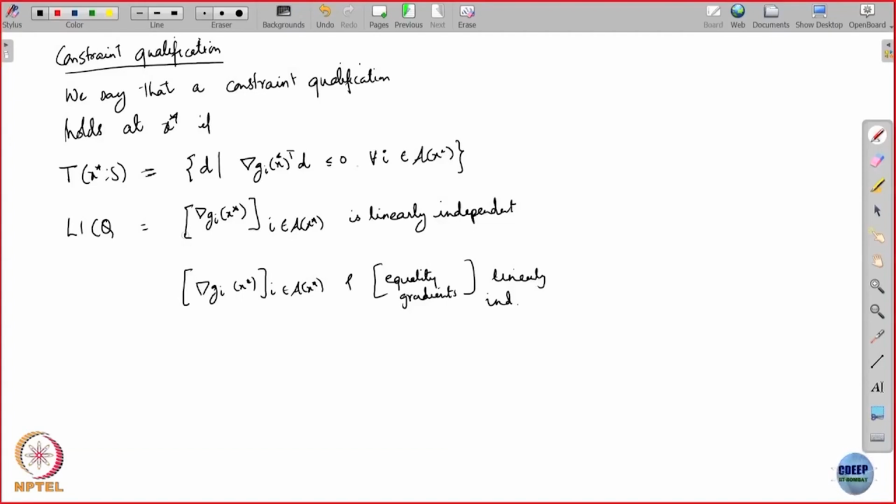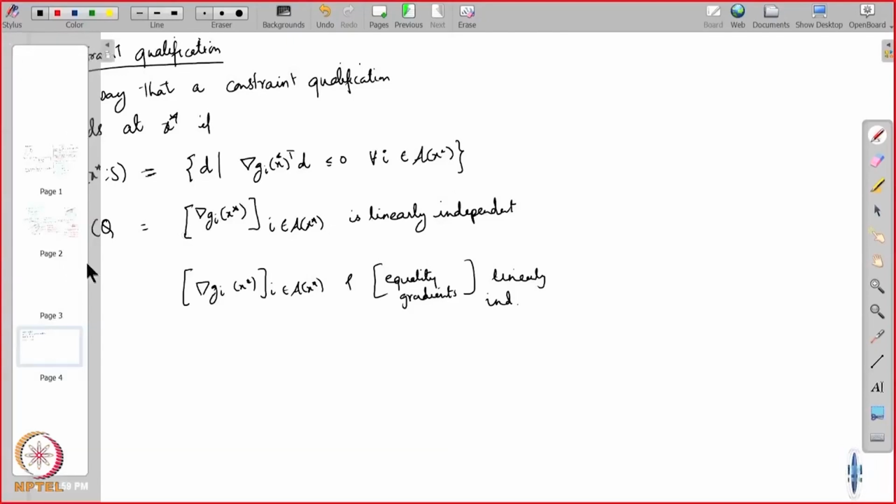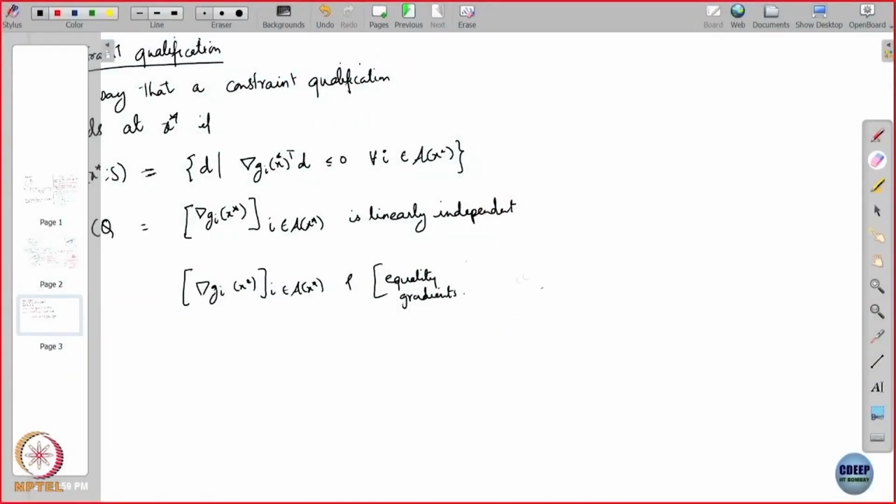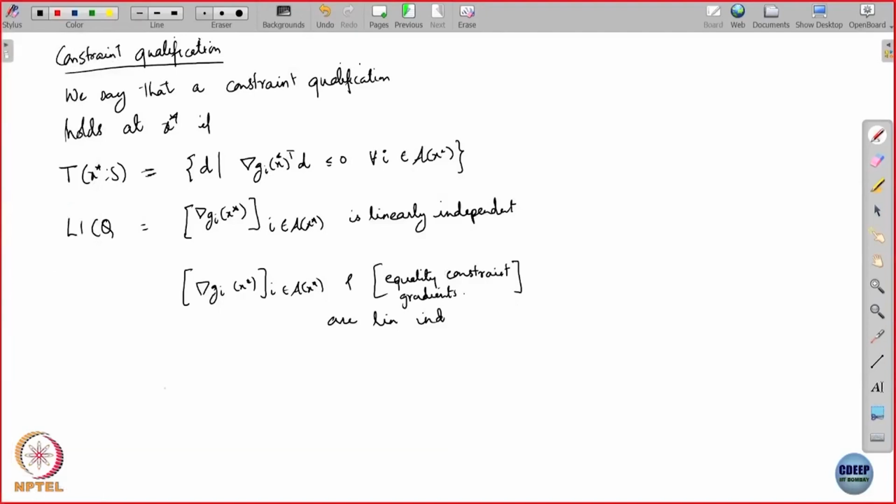So let's go back and look at the two examples we had seen. Let's look at the linear independence constraint qualification. Linear independence automatically ensures that you will not get bad gradients of the equality constraints. We had seen two examples.